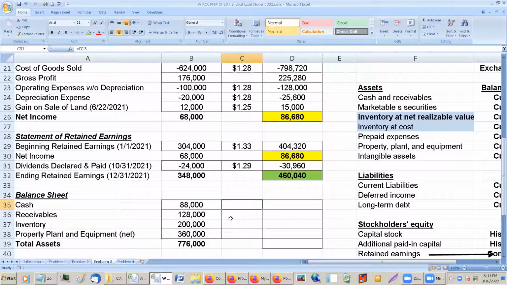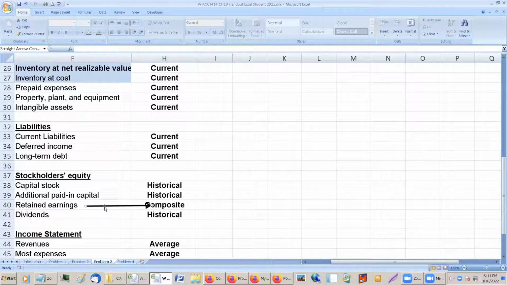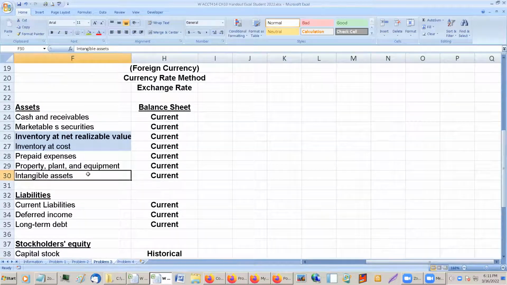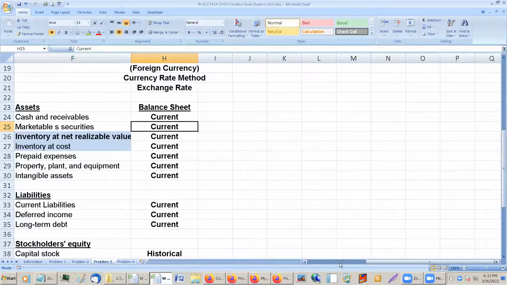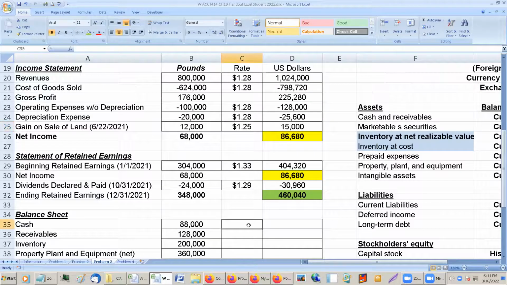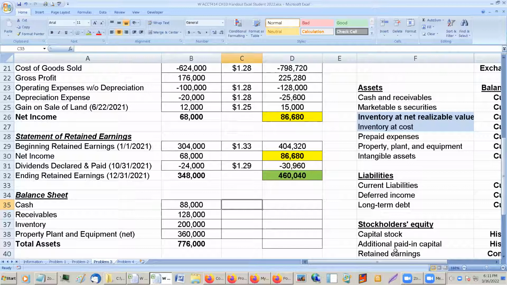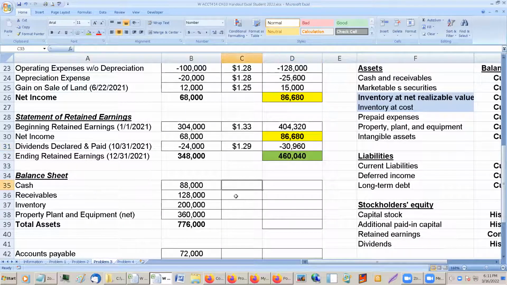Okay. All right. Balance sheet, and this is where things really change between the two methods. On the balance sheet, everything goes in at the current rate, at the year-end rate. Remember that these things were not translated into US dollars when the transactions were made.